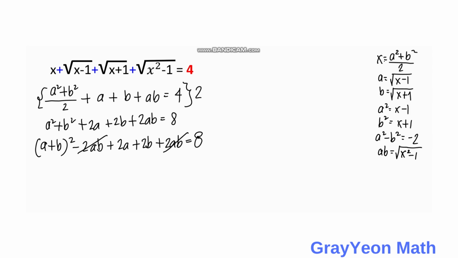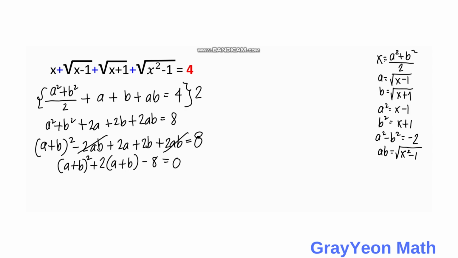And we can factor out this 2. So we have 2 times a plus b. Then a plus b remains as it is, because (a plus b) squared plus 2 times the quantity (a plus b) minus 8 is equal to 0.